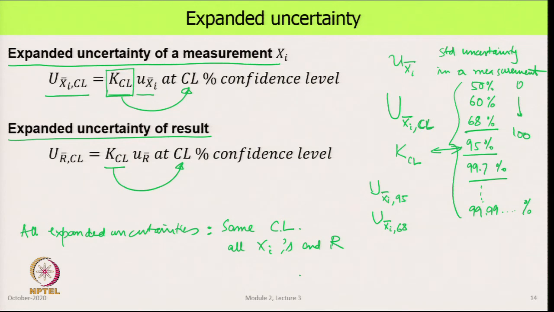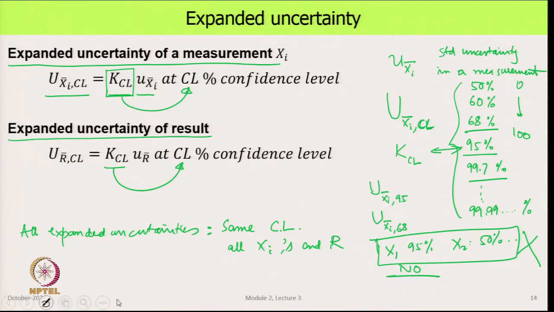It could be 95%, 99%, 68%, 50%, it does not matter. But you cannot have x1 being reported at 95% and x2 being reported at 50%. This is not done. That is one thing. And in terms of terminology, the full rigorous term is the expanded uncertainty, but this is what we practically mean when we report uncertainty.